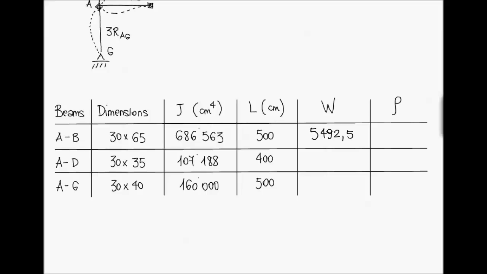For beam AD, it is 4J over L, and it is 1,071.9. For beam AG, the rotational stiffness is 3J over L, which is 960. We sum up the rotational stiffnesses.